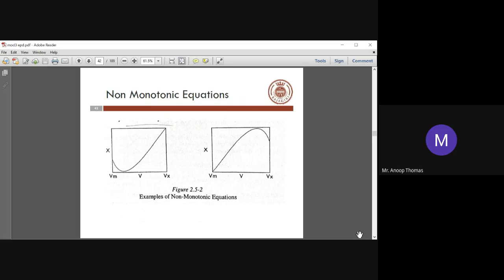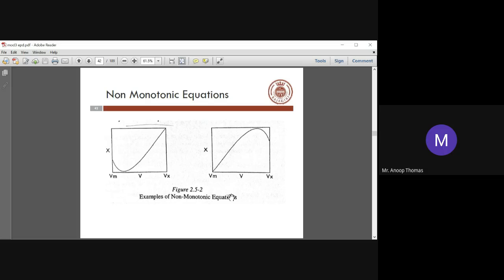Again, another example. Here your V takes values from Vm to Vh, Vm being the minimum value and Vh the maximum value, and x will move along. Vm gives the minimum value of x, but the maximum value of x is not given by the Vh value, but by a completely different value, because you have a peak here.